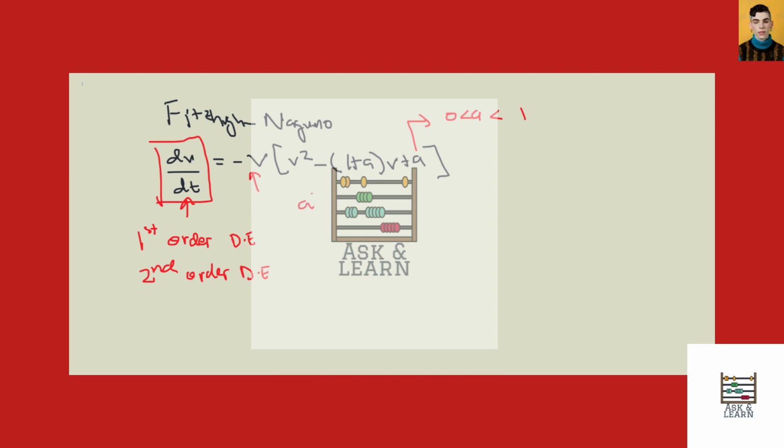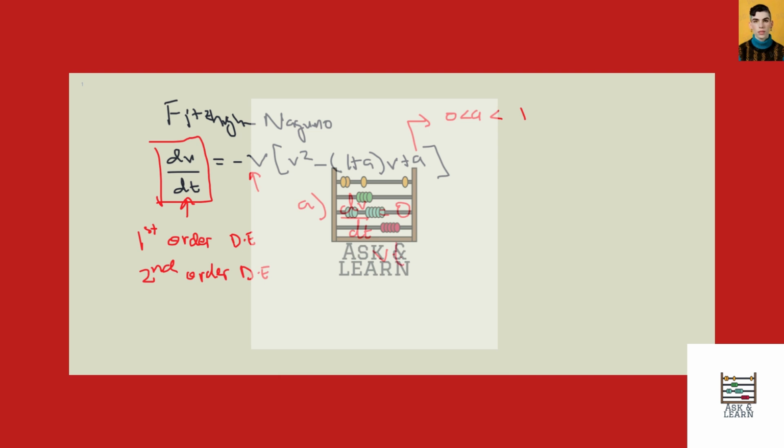In part A, we're supposed to assume that dv over dt is 0. And this simply means that Vt is not changing. Okay, Vt is not changing.